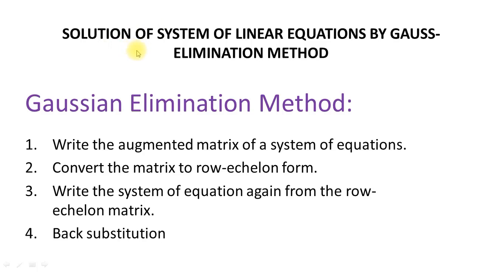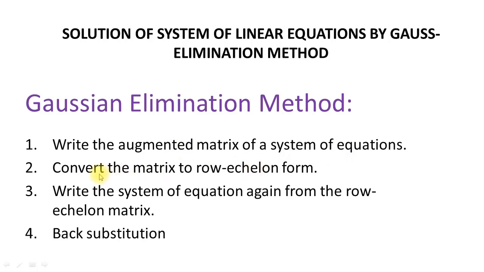The procedure for the solution of system of linear equations by Gauss elimination method, or Gaussian elimination method, is: first of all, write the given system of linear equations in matrix form, and then write the augmented matrix of the system of equations.